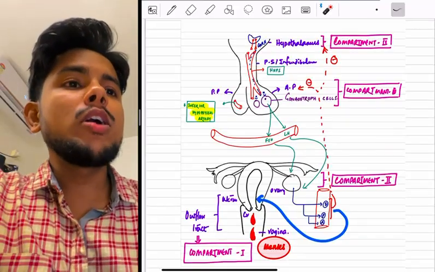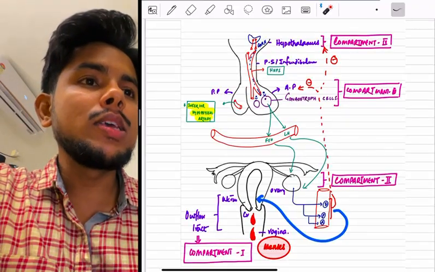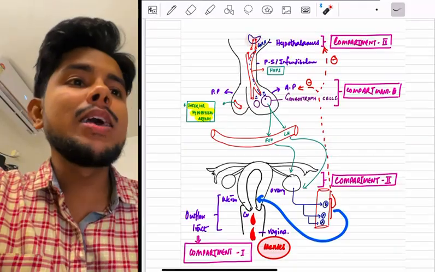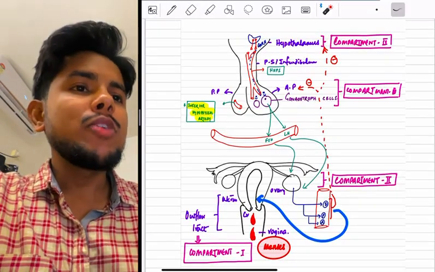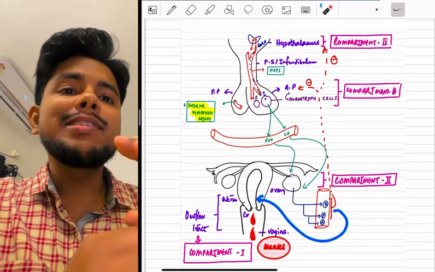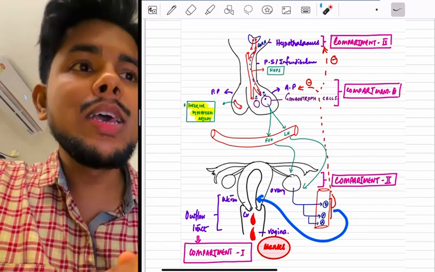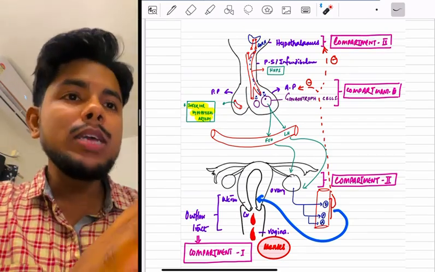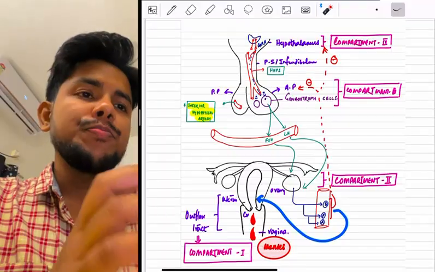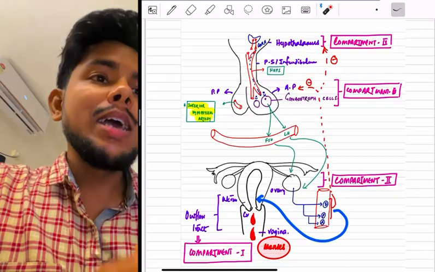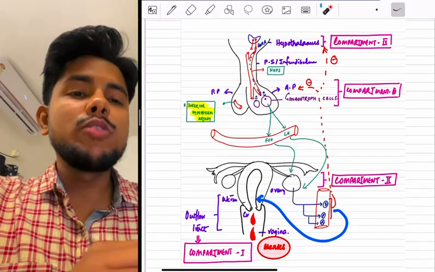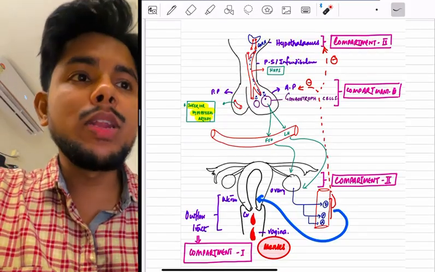So first, we have the arcuate nucleus in the hypothalamus, and it is formed by the cell bodies of neurons. We have millions and billions of neurons in the hypothalamus, and some of the neuroendocrine cells form this arcuate nucleus.